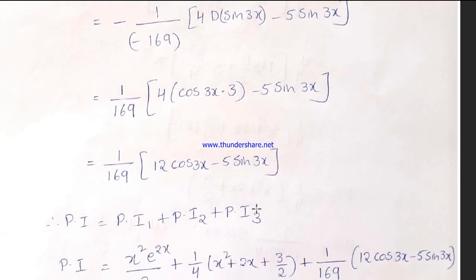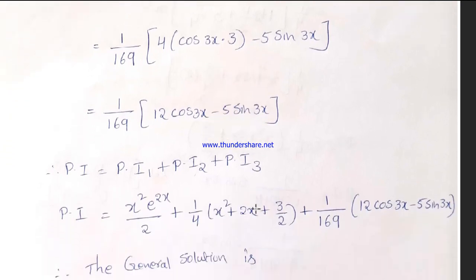So finally you can write particular integral is equal to PI1 plus PI2 plus PI3, that is PI1 is x square e power 2x by 2, plus PI2 is 1 by 4 into (x square plus 2x plus 3), plus PI3 is 1 by 169 into (12 cos 3x minus 5 sine 3x).